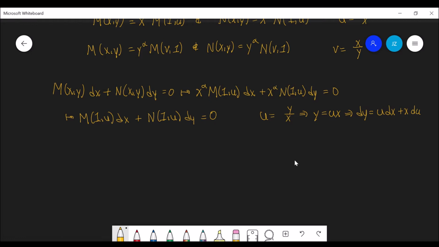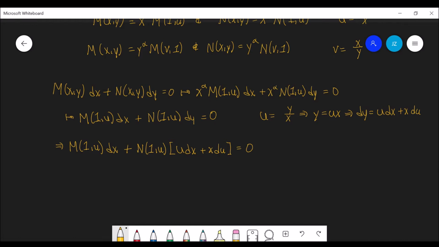So now we replace dy with it. M of 1, u dx plus N of 1, u times u dx plus x du is equal to 0.